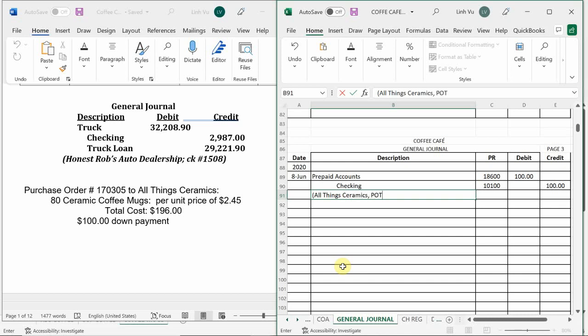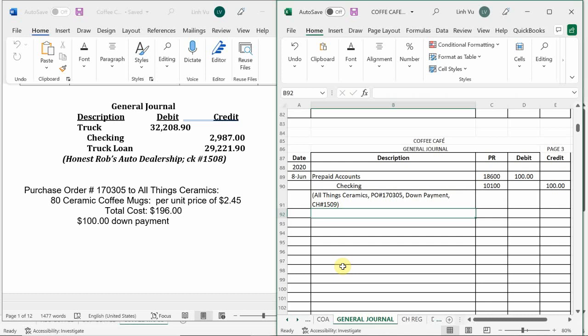We have the purchase order number, because that's going to tell us that we made the down payment. And then you could say down payment, and then you could say check number 1509. Now we're done.